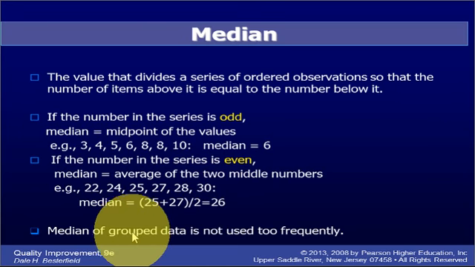The median of grouped data is not used too frequently, so we're not going to talk about it in detail. I will briefly introduce it: you find the class that contains the middle number, and then use linear interpolation techniques to find the median.